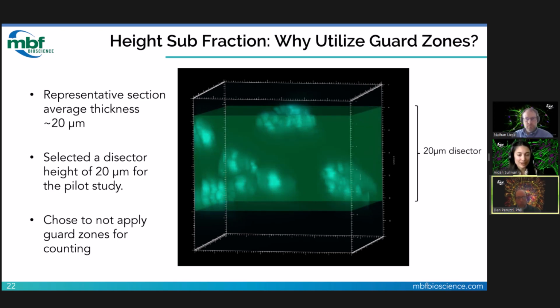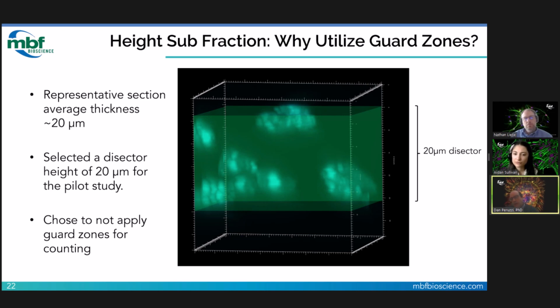Dan, what do you think I should use for guard zones for this pilot study? Well, one way to do a pilot study is to actually use no guard zones, because then you'll be counting all the way through this 20 microns, and then we can look at the counts at the top and the counts at the bottom and see if they're different from the counts in the middle.